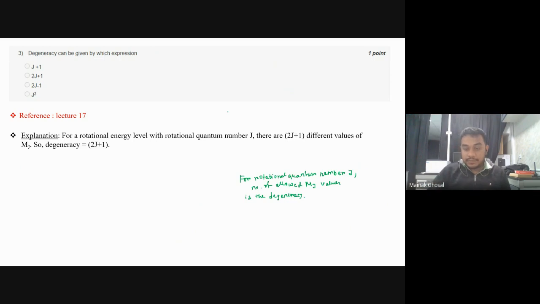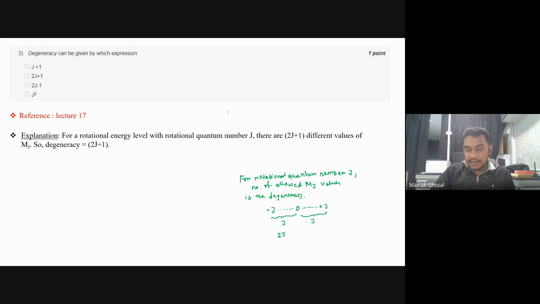For any rotational level with quantum number J, the mJ values start from minus J, go down, then there will be 0, then they will go to plus J. So from minus J to 0, there will be J values. From 0 to plus J, there will be another J values. So how many values are there? 2J.